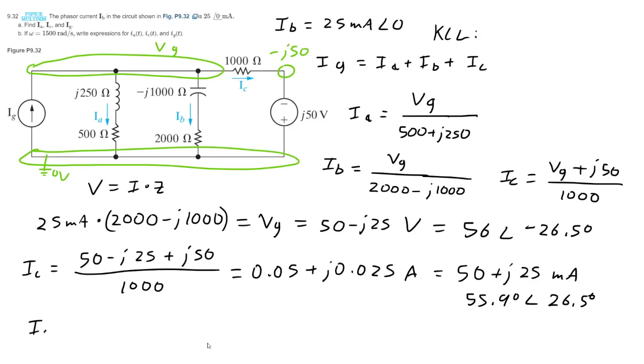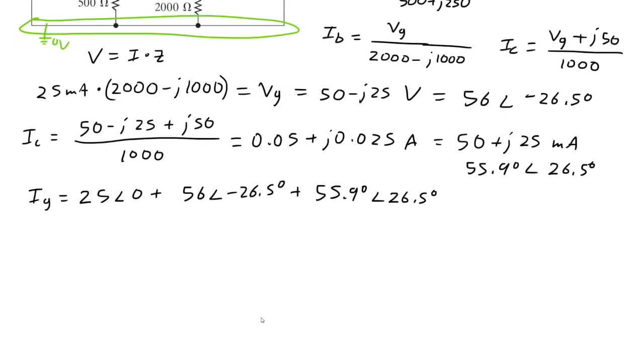IG is going to be IA plus IB plus IC, so it's 25 with a phase of 0, plus 56 at minus 26.5 degrees, plus 55.9 with a phase angle of 26.5 degrees. So that's IB, IA, and IC respectively.